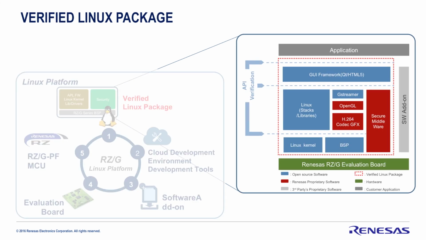With the VLP, application development can start on a very high-level application programming interface for quick generation of differentiated value. Verified APIs are also on BSP and GStreamer level, and very importantly, software is now part of the product, which means you get full documentation and support.